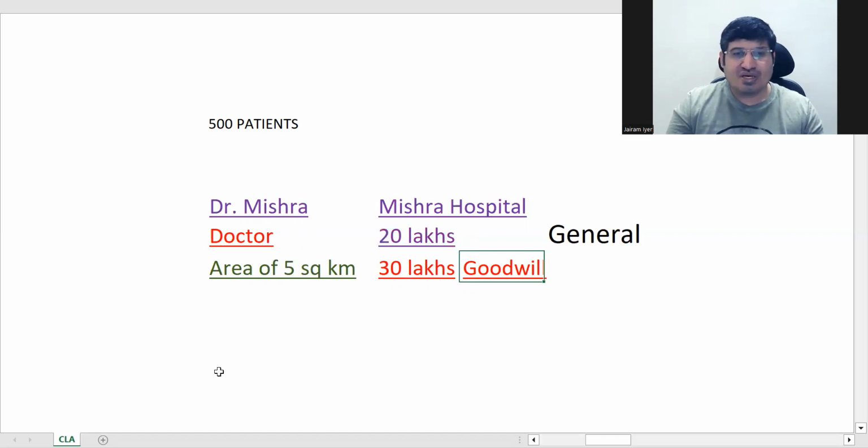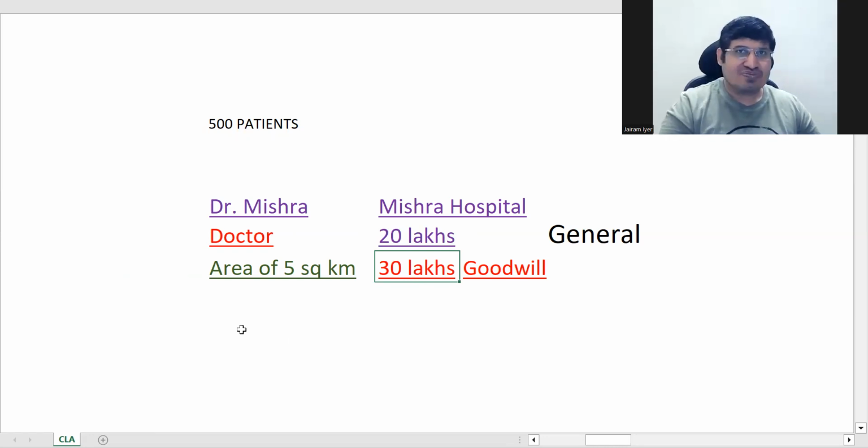Now, if Dr. Mishra, after selling, the next day starts a clinic next door, wherever his clinic is, just next door, won't these 500 patients go back to Dr. Mishra? Correct. So then the 30 lakhs which he has taken for goodwill will become a wrong collection, correct?